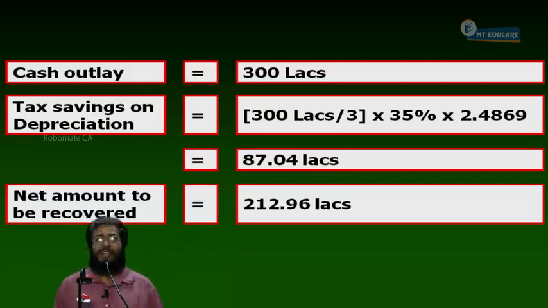Now, next step 1 or step 2? Step 2. Step 2, write down: calculation of lease rental to be fixed. You need not copy the slide as it is. You just have to coordinate what I dictate and what is there in the slide.